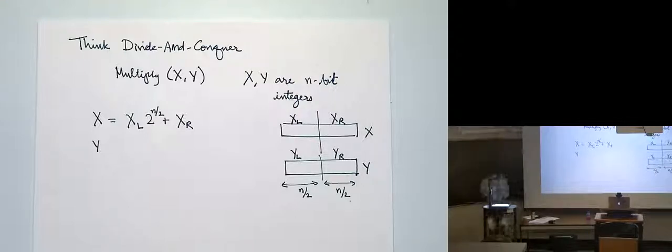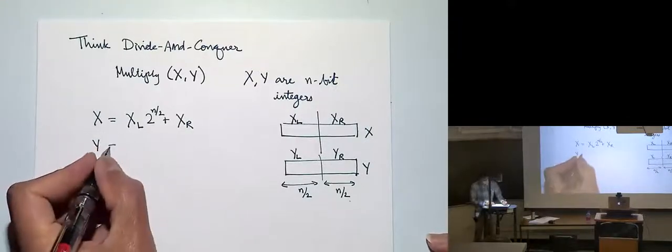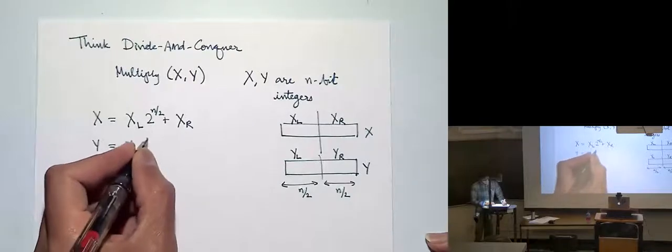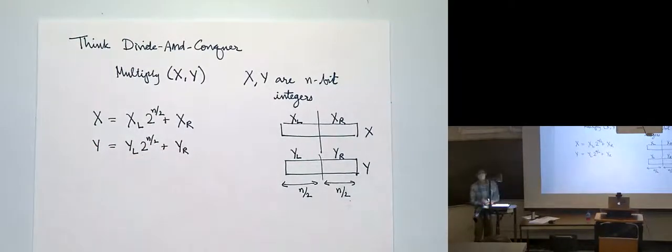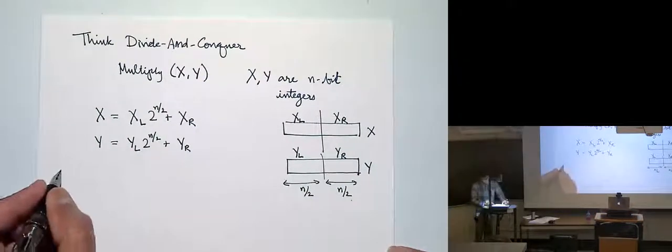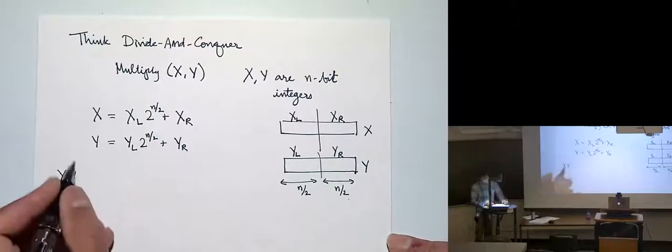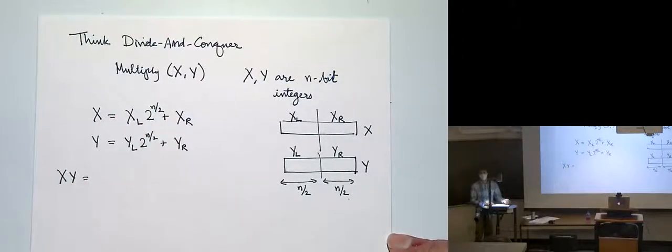All right. And so what is y? That's yl times 2 to the n over 2 plus yr. Right? So no surprises here. So what is x times y? Just use the distributive law, right?